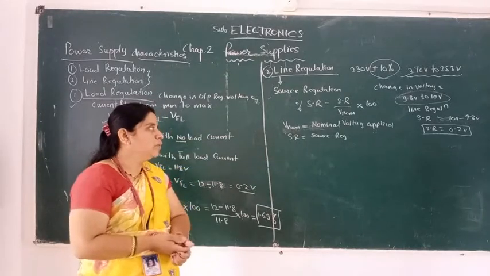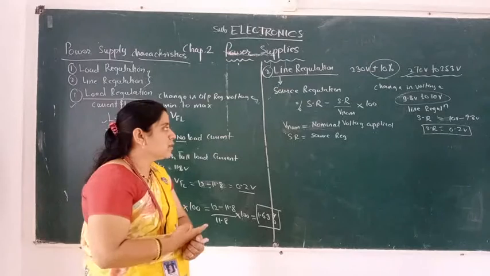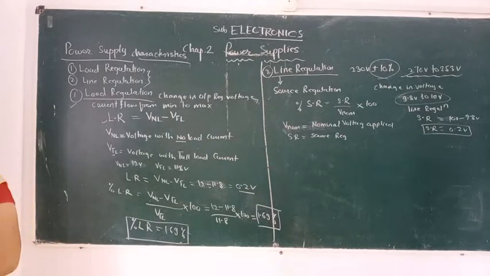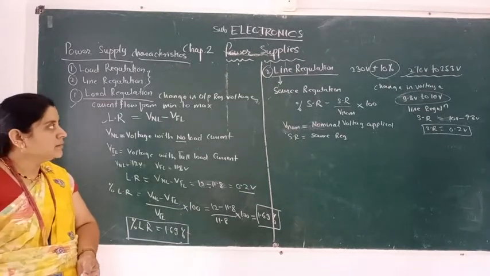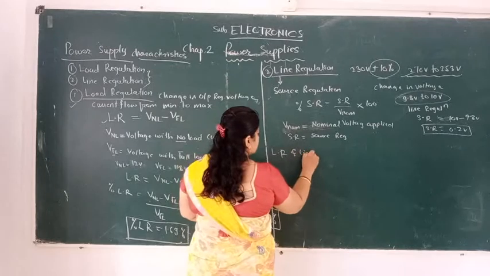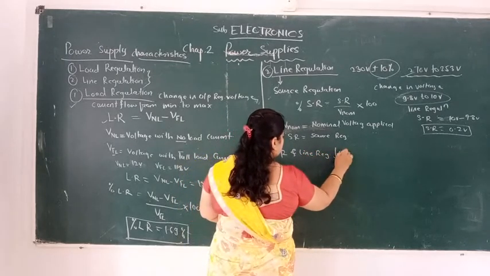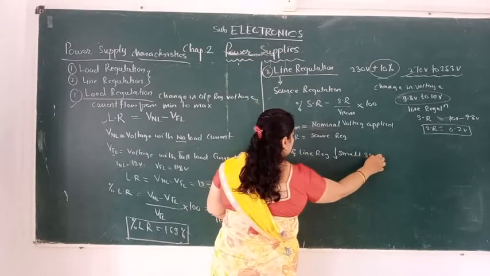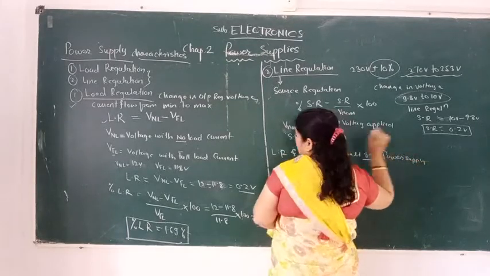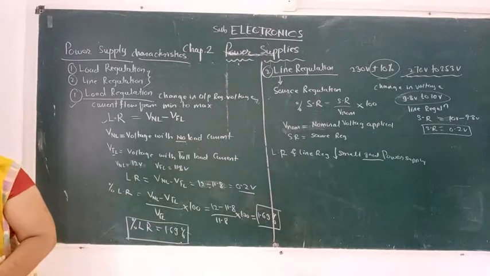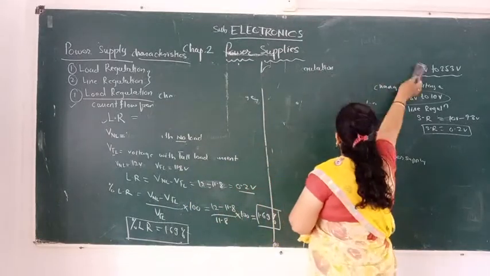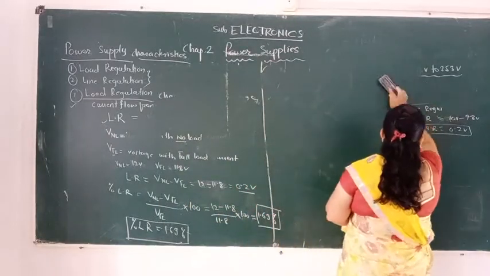V normal is the nominal voltage applied to the circuit, and SR is the source regulation. So these are the two regulations, and load regulation and line regulation should be small for a good power supply.